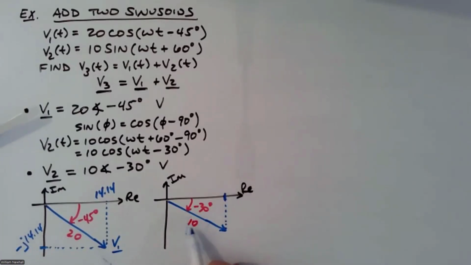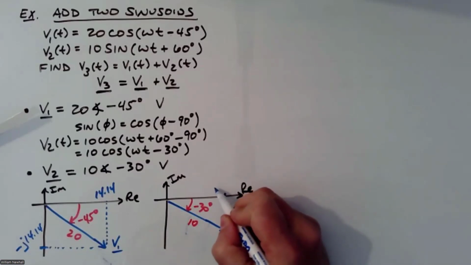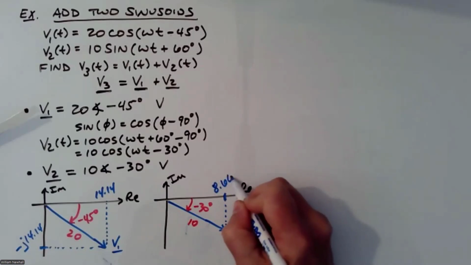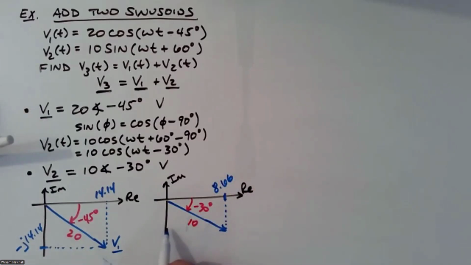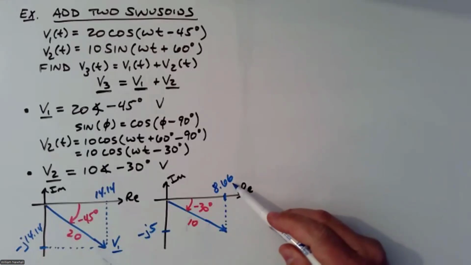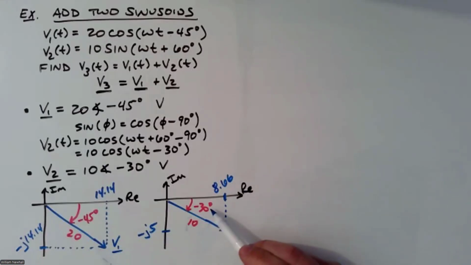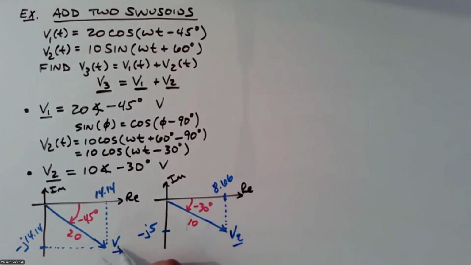The real part is 10 times cosine of negative 30, which gives 8.66. Then 10 times sine of negative 30 gives minus j5. So this phasor is 8.66 minus j5, or 10 at an angle of minus 30. That's V2. And V1 is 20 at an angle of negative 45 degrees, or equivalently 14.14 minus j14.14.